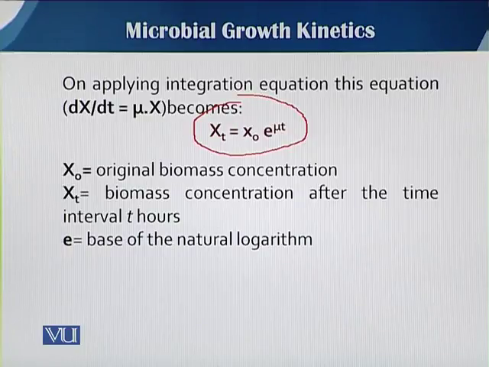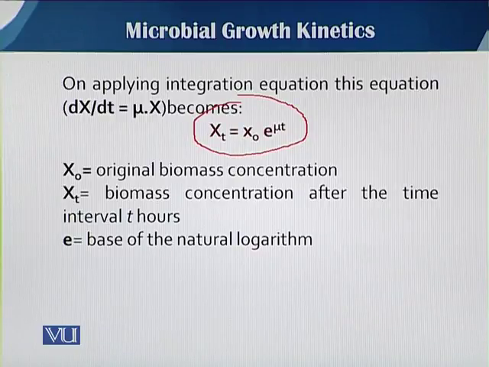Here x naught is the original biomass concentration which we add at the time of inoculum, xt is the biomass concentration after time t, or when we estimate after time interval t, and e is the base of the natural logarithm.